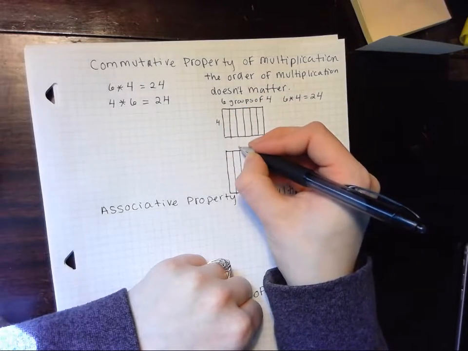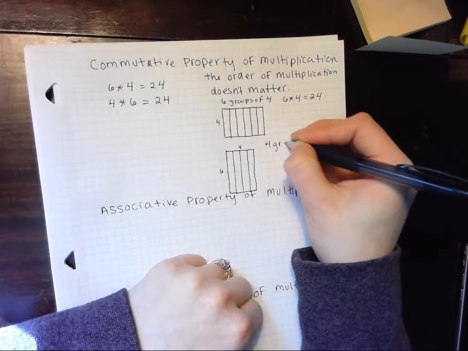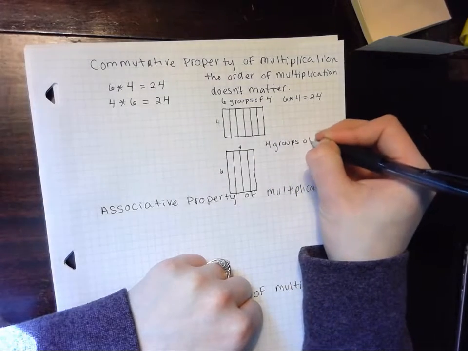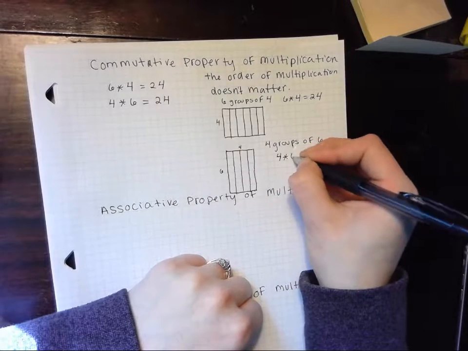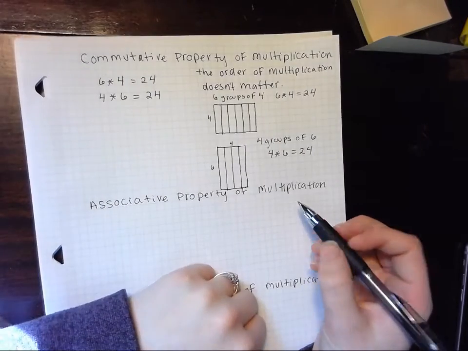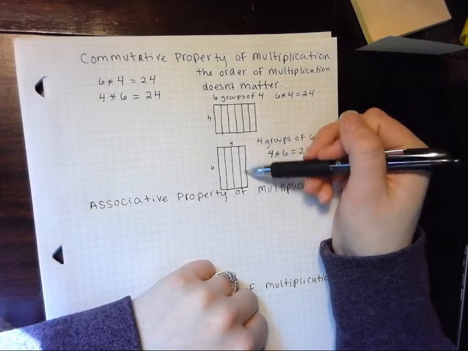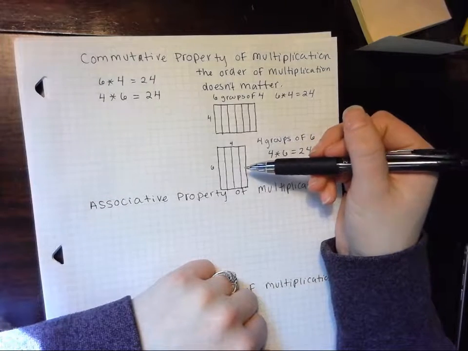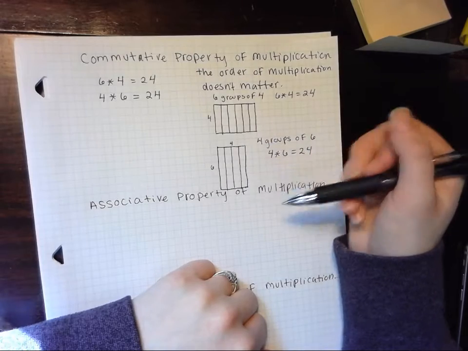So there's our 4 groups of 6, or 4 times 6 still equals 24. Even though the groups are written differently, they're still the same number in 6 times 4 and 4 times 6.